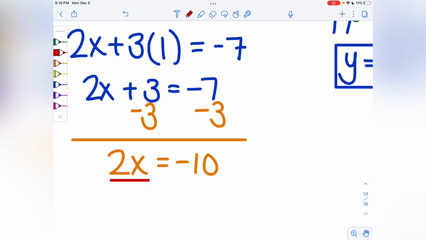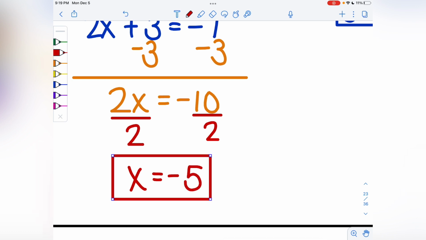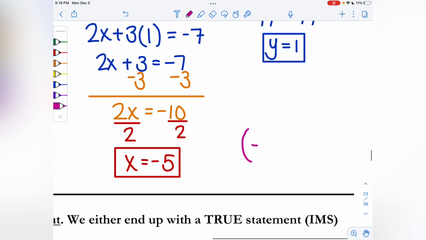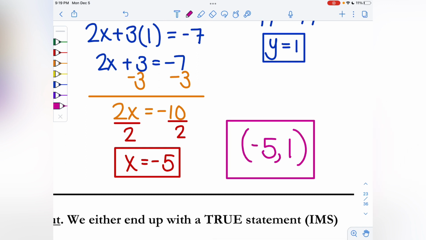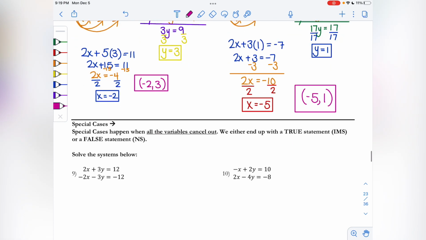And divide both sides by 2. So x equals -5. Which gives me my final answer of -5, comma 1. So these are definitely mastered it level. These are A-level problems where you have to multiply 2 equations in order to get something to eliminate.